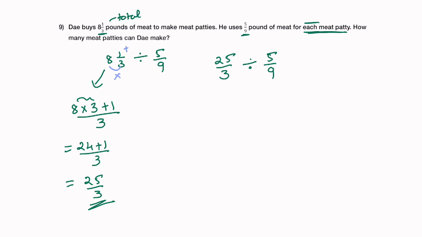We are just rewriting the equation. Now we rearrange it to solve. So we say 25 upon 3, division becomes multiplication and we inverse this. So that's 9 upon 5. 3 times 1, 3 times 3. 5 times 1, 5 times 5. So in the numerator we have 5 times 3, that's 15.